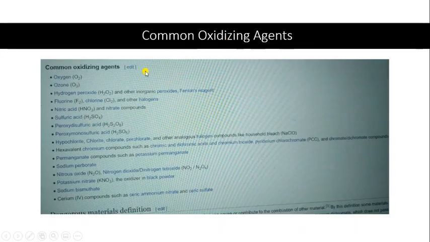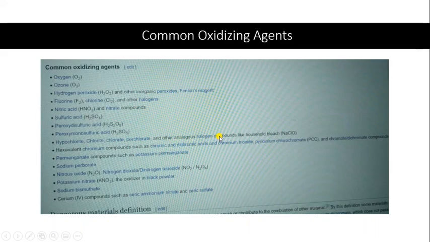For instance, oxygen by itself can be used as an oxidizing agent. Similarly, ozone, hydrogen peroxide, fluorine, nitric acid. Similarly, nitrate compounds, sulfuric acid, peroxysulfuric acid, peroxymonosulfuric acid, hypochlorite, chlorate, perchlorate.